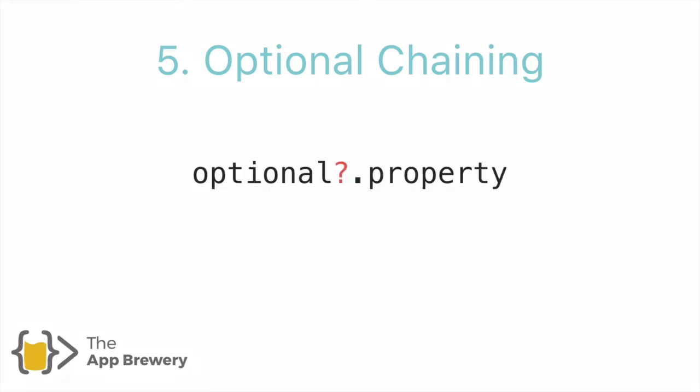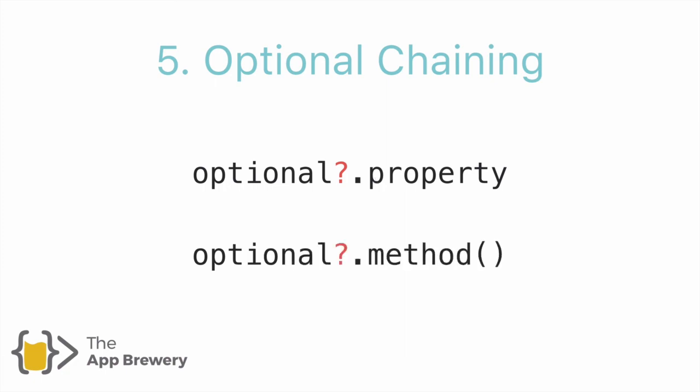So in this case, because our optional has some properties or methods that are accessed using the dot notation, in order to get to it, we add a question mark after the optional. And what this says is, if this optional is not nil, then continue along this chain and go ahead and access that property. And we can do the same with methods as well.